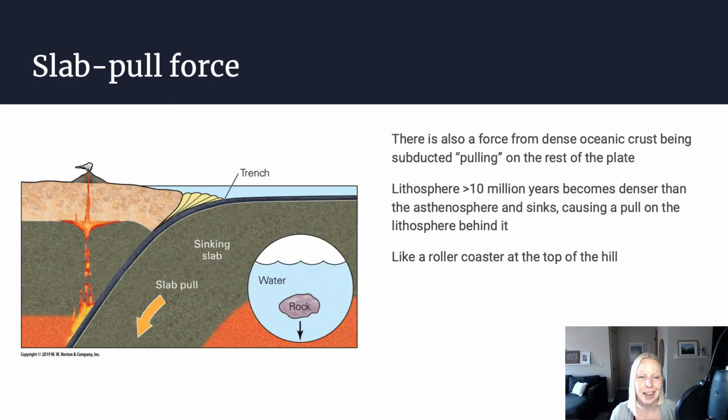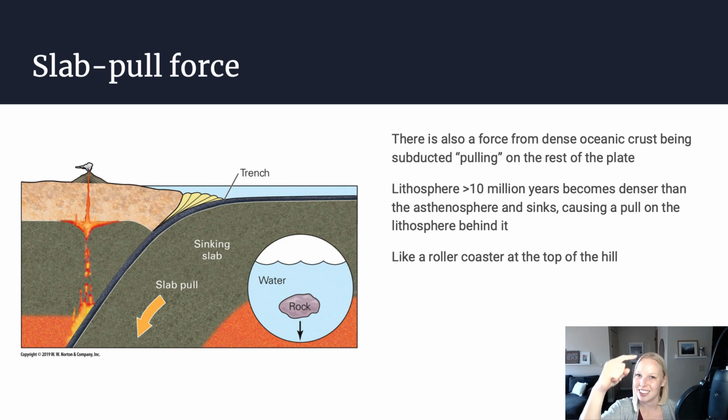There's also what we call slab-pull force, which occurs at convergent margins, where you have one tectonic plate converging and subducting underneath another tectonic plate. And what's happening here is, as the plate begins to subduct, the more it subducts, the harder it's going to pull on the rest of the plate behind it. It's kind of like if you've ever ridden in a roller coaster and you're rounding the hill at the top, right?